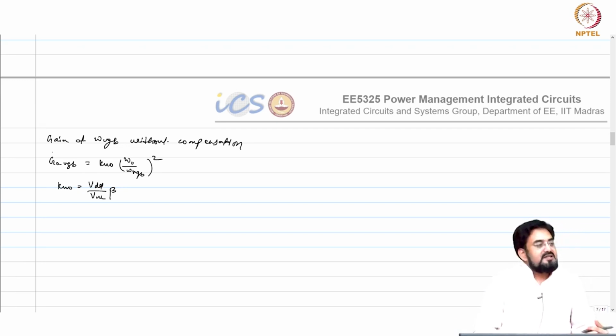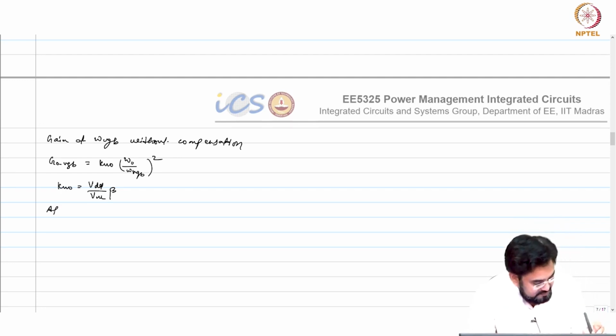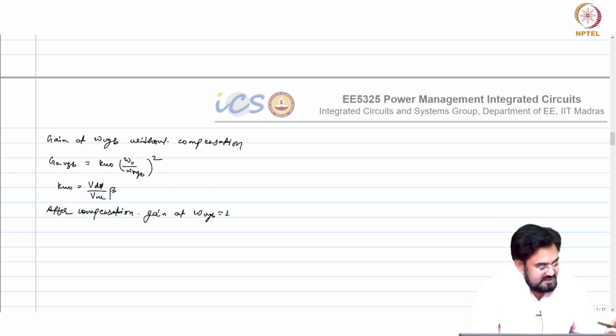So which means how much gain do you require? After compensation, what do we want? We want the gain at UGB equal to 1. So what is the gain after compensation?